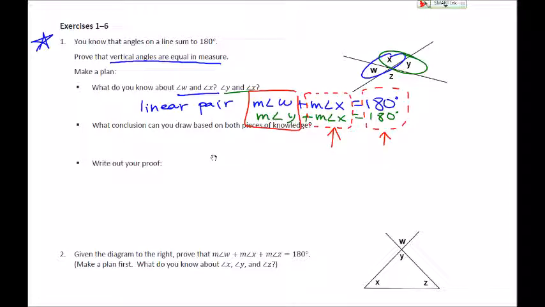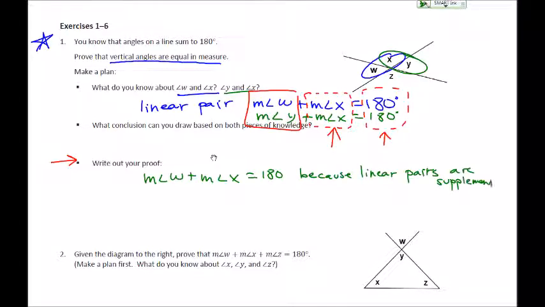Okay, so let's write out the proof. We will begin by saying our first line. The measure of angle W plus the measure of angle X equals 180 because linear pairs are supplementary.